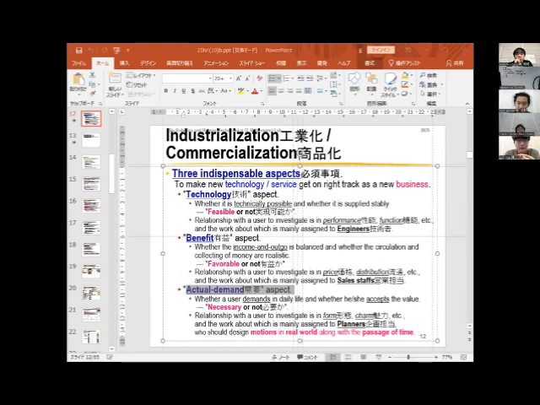So the left side product can make our life better. All these products have charm, but it's really not necessary. We can live without a TV, but the product on the right side is really necessary.